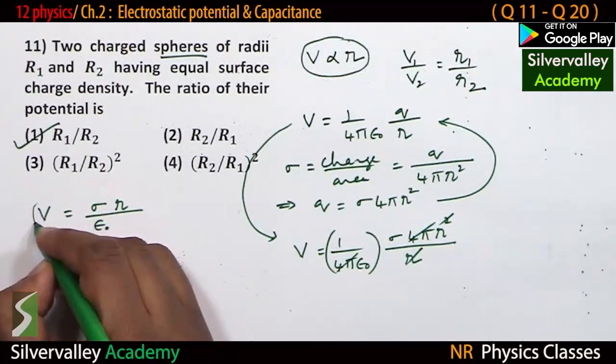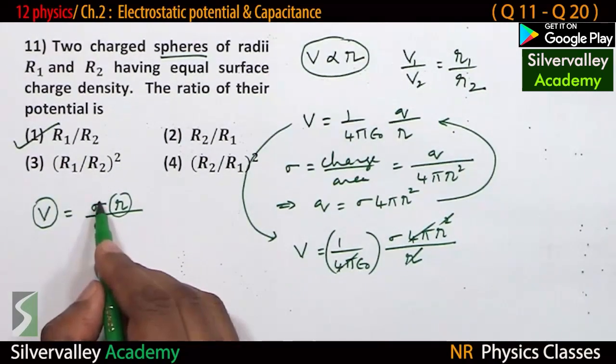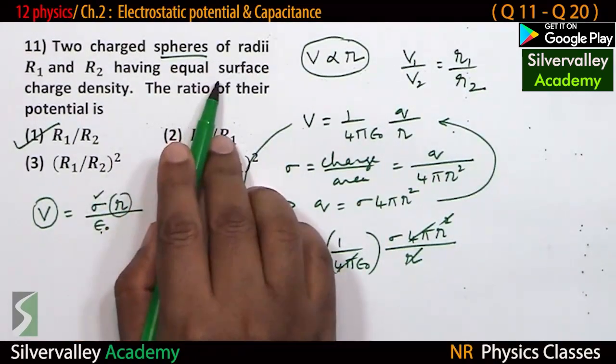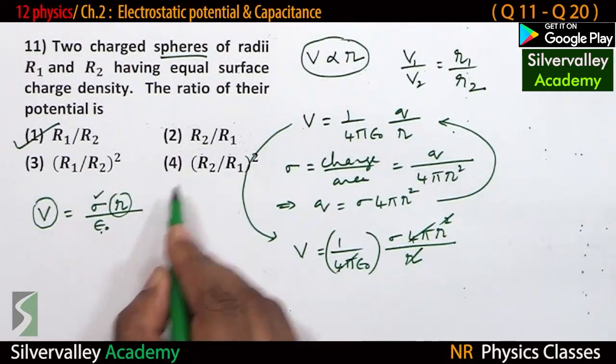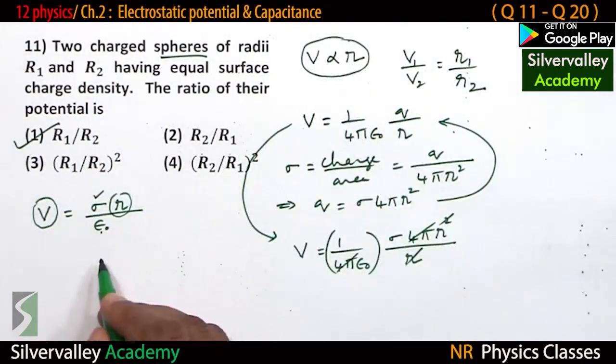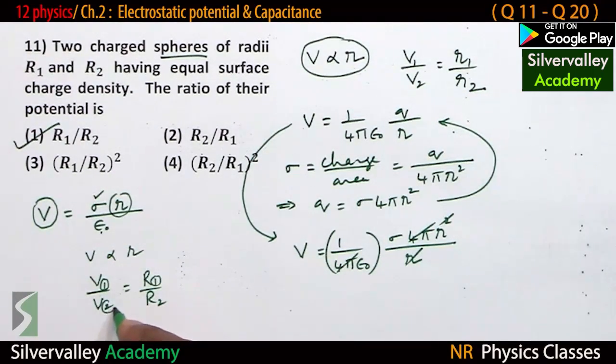See, potential is directly proportional to r. This is a constant. And sigma is constant, it is given equal surface charge density. So that is why V is proportional to R. If V is proportional to R, then V1 by V2 equal to R1 by R2.